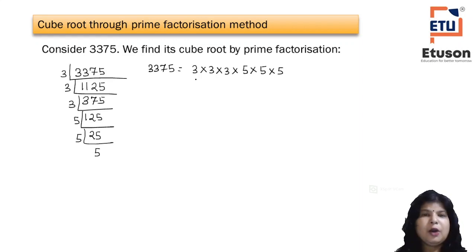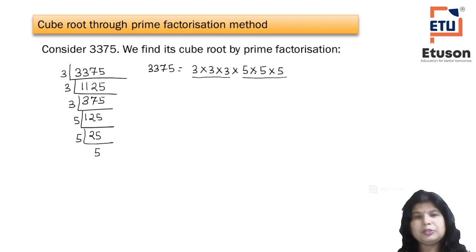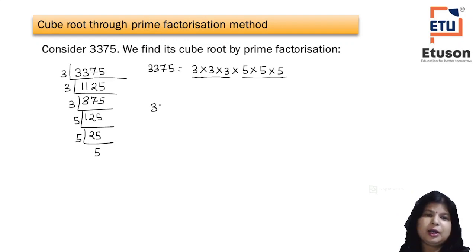Correct? Now you have to form a group of 3 of the different factors. So as you can see here, you can form a group of 3 for the factor 3 and also you can form a group of 3 for factor 5 also. Now in order to find out the cube root of 3375, so this is the symbol cube root.